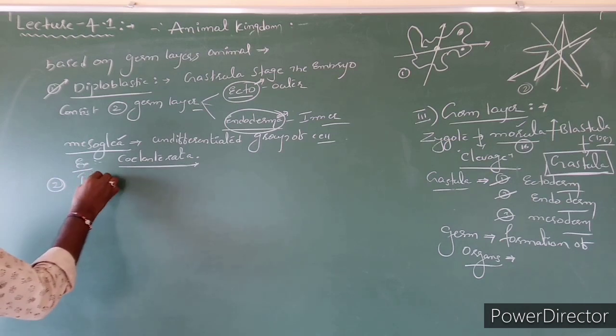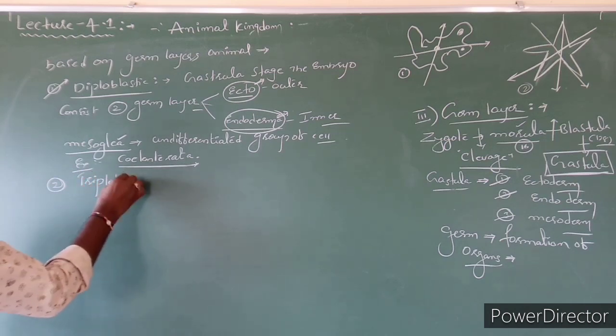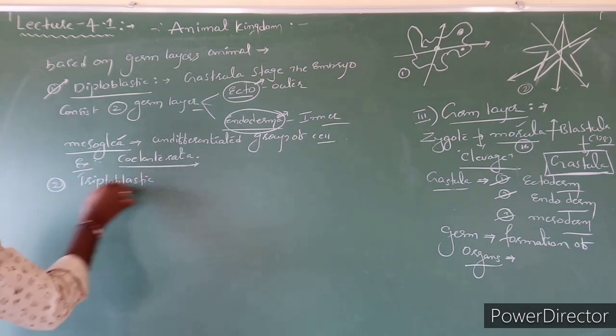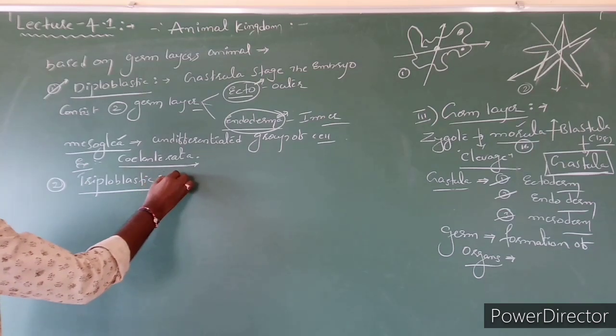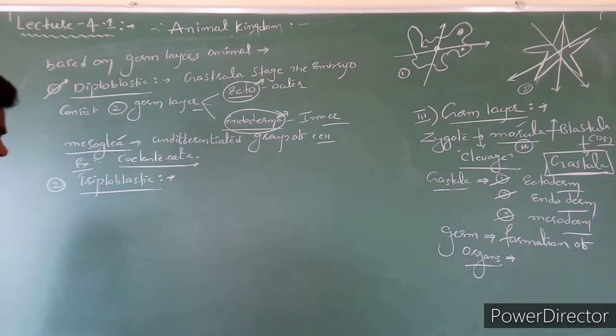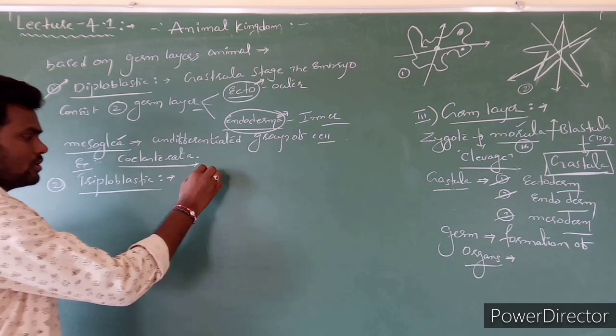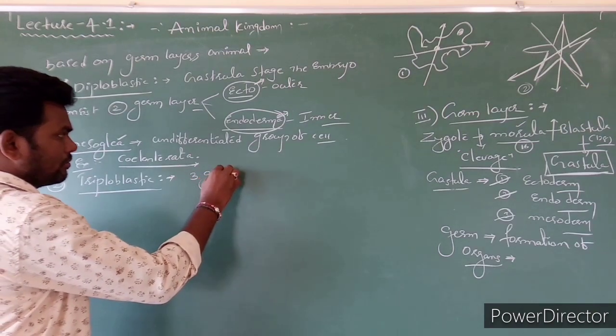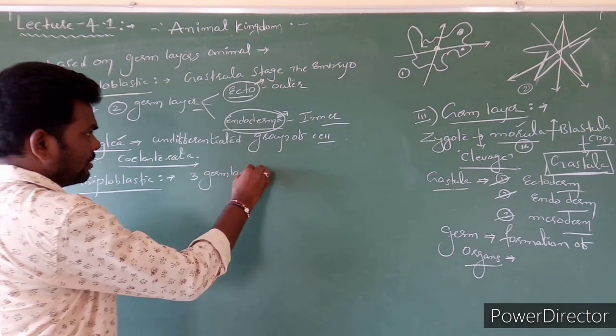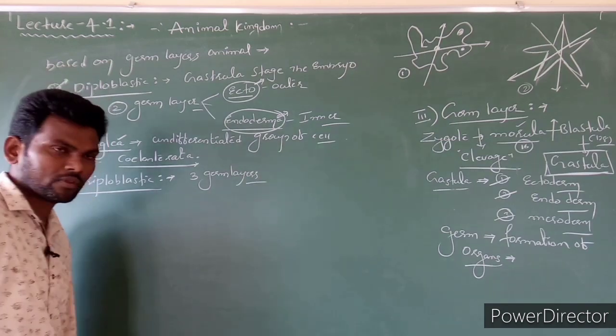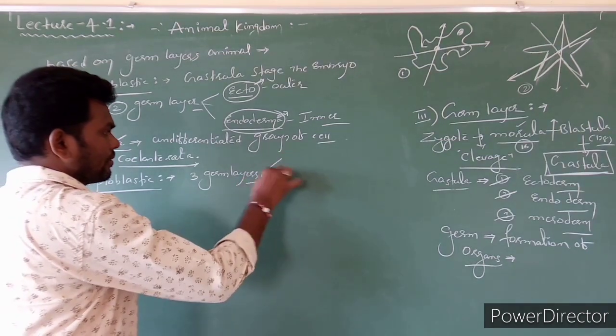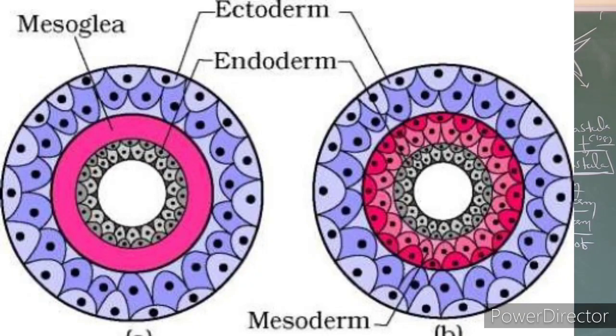triploblastic. Same definition we have to write. During embryo development, three germ layers are formed. What are they? Ectoderm, mesoderm, and endoderm.